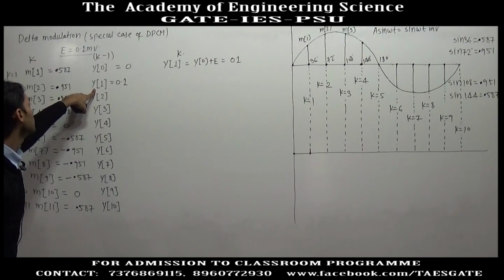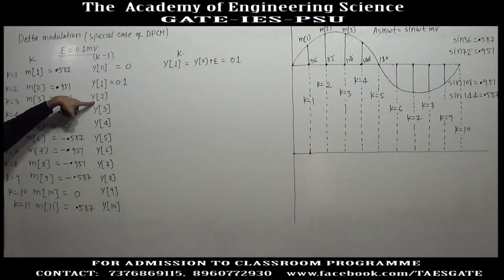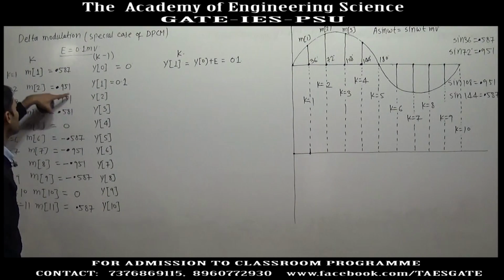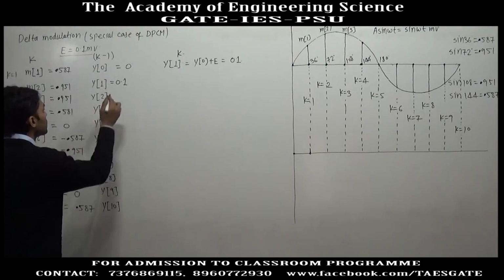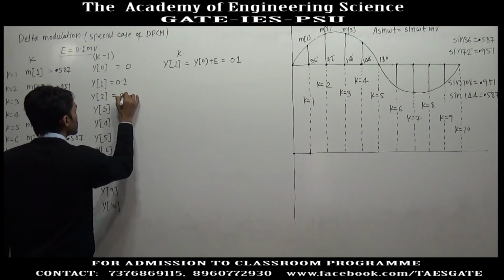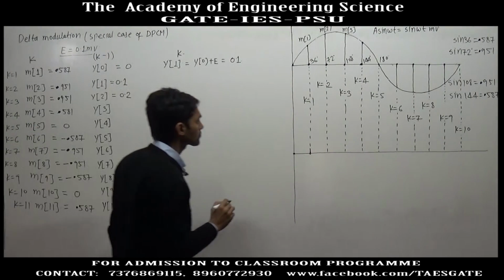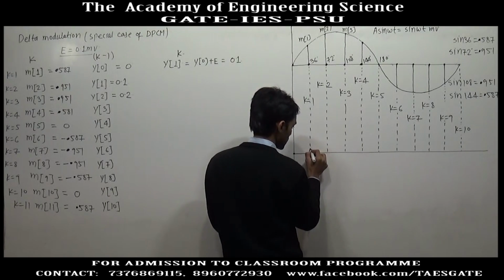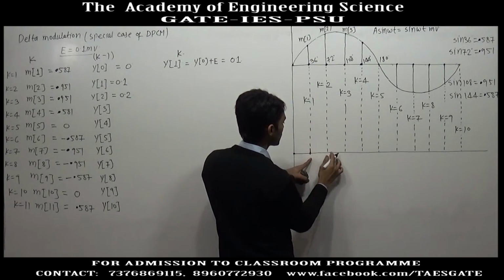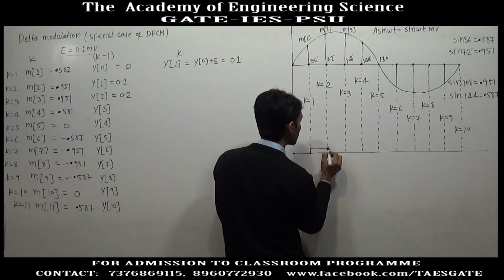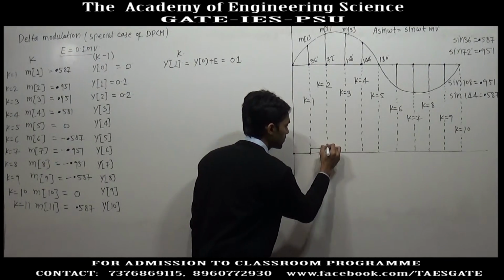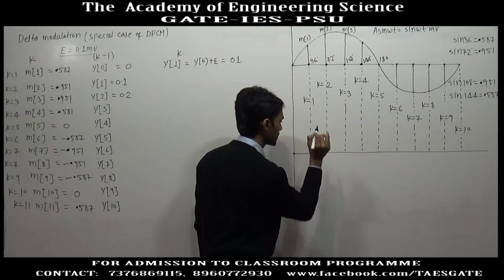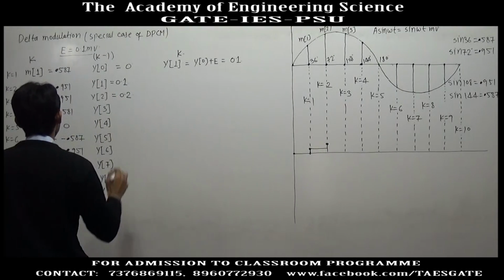If we compare, since the present input is greater than the previous output, we will add 0.1. So, this will become 0.2. At k equal to 2, the output will be 0.1 plus 0.1, 0.2. This is the output at k equal to 2, and this is the output at k equal to 1.